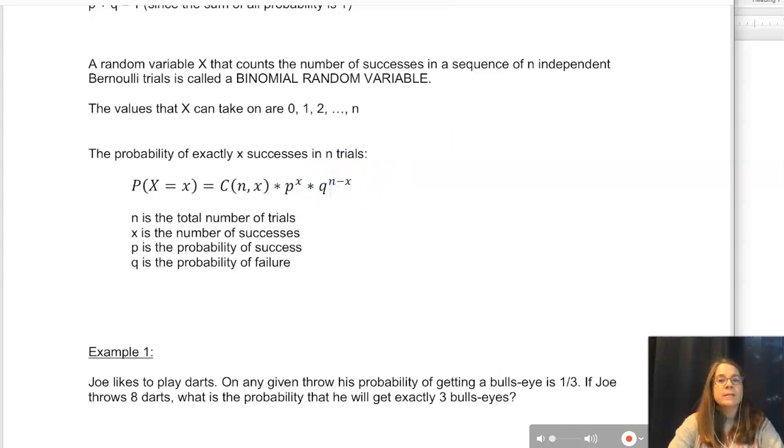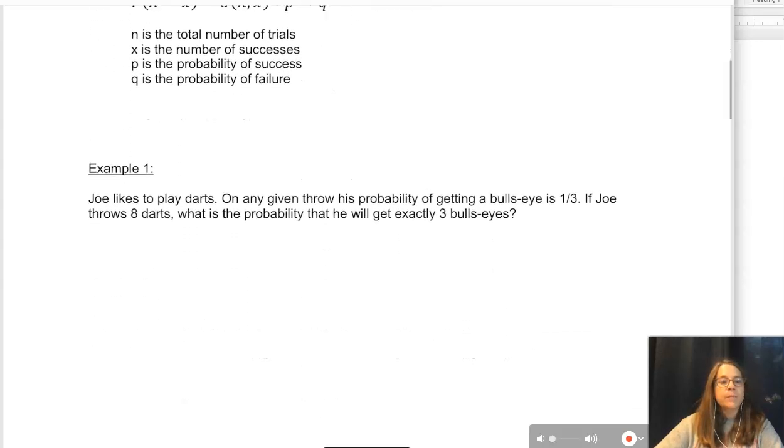If you have x successes, that means the remaining outcomes would be represented as failures. That's where n minus x comes into play. So n is the total number of trials, x is the number of successes that we are aiming towards, p is the probability of success, and q is the probability of failure.